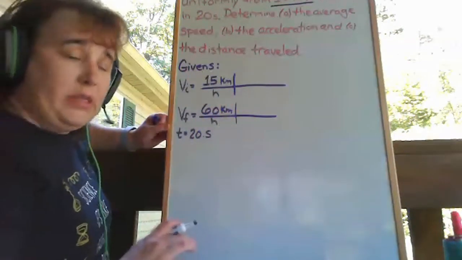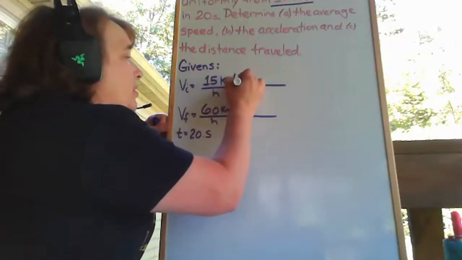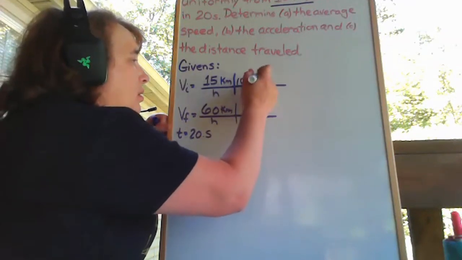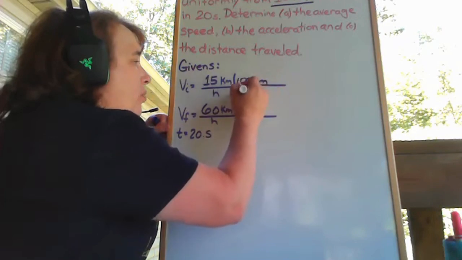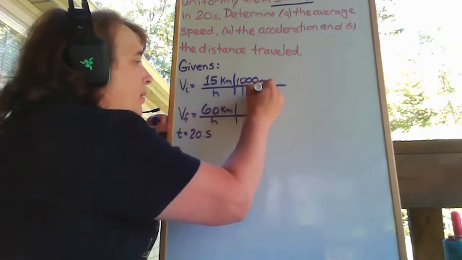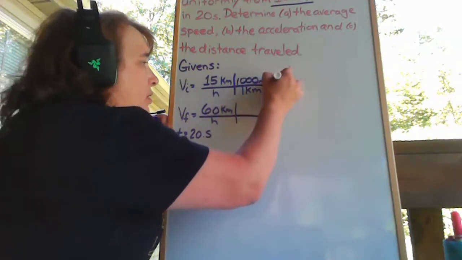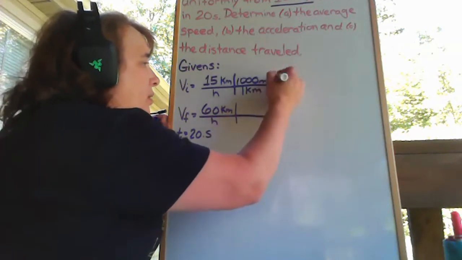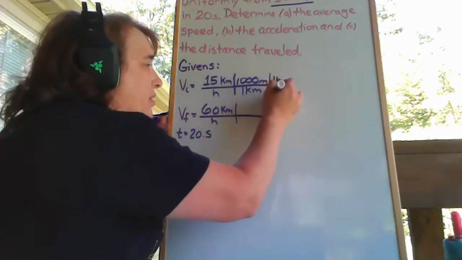So let's convert these. So there are 1,000 meters in 1 kilometer. In 1 hour, there are 60 minutes.